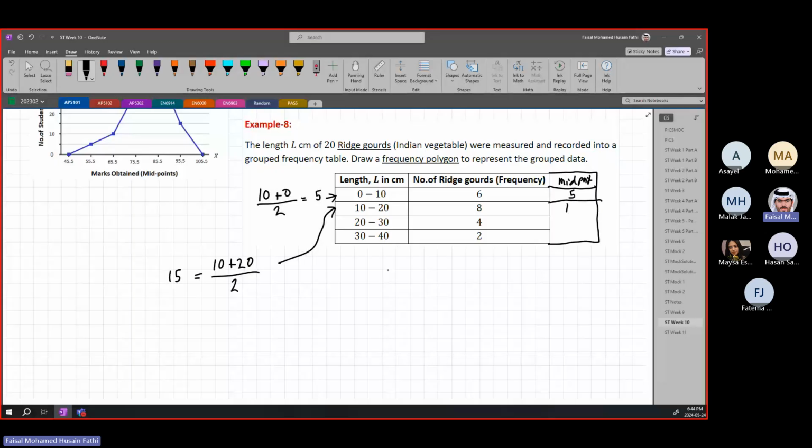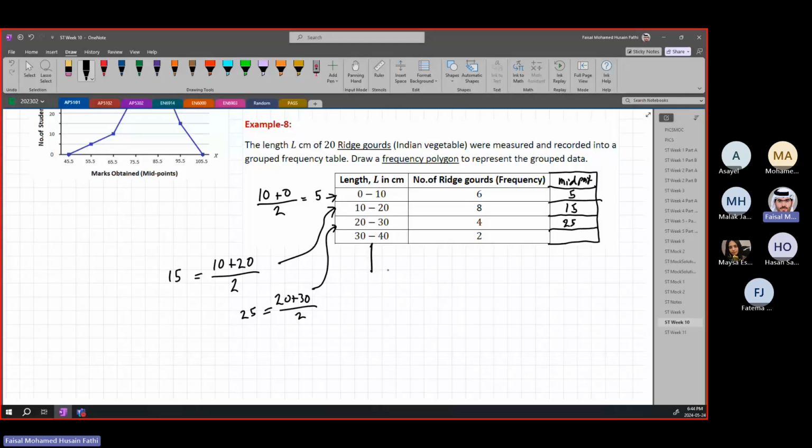So our second point is 15. Same thing again here. We have 20 plus 30 divided by 2. That's how you find your midpoint. This is the equation for midpoint: you take your upper limit plus the lower limit and divide by 2. This is going to give us 20 plus 30 is 50, divided by 2 is 25.